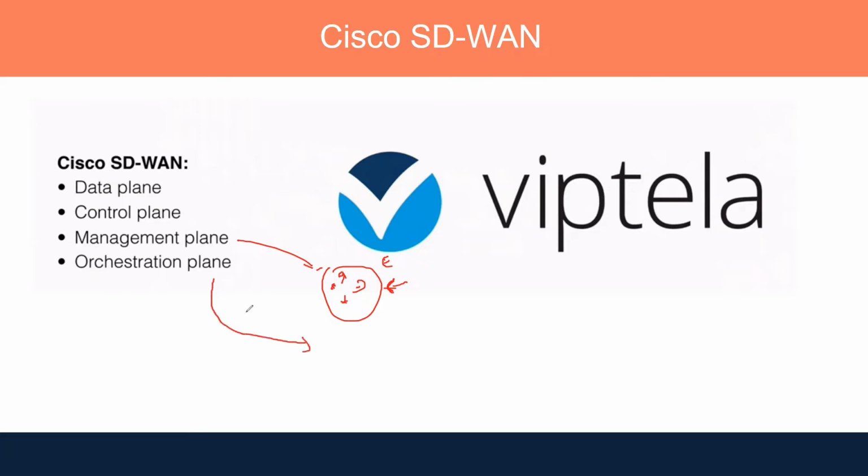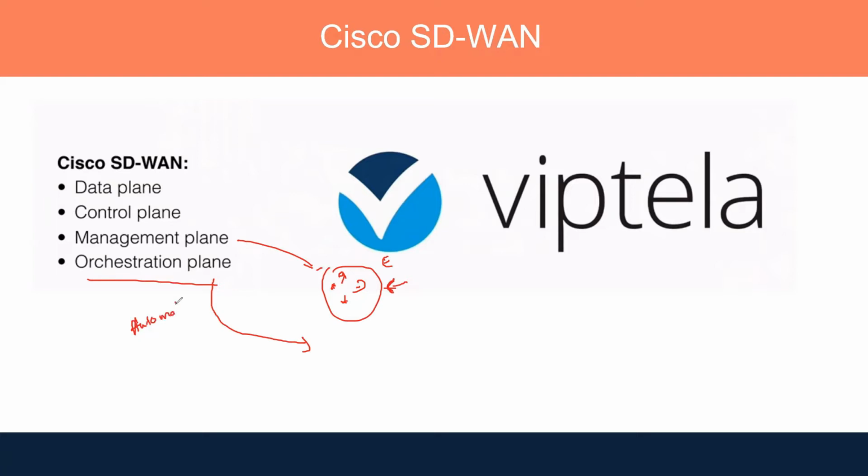For example, let's say you just want to do monitoring, like what is the utilization of the bandwidth in different branches. For that, you can use the orchestration plane to automate the task.